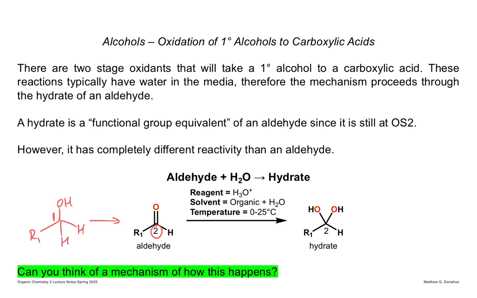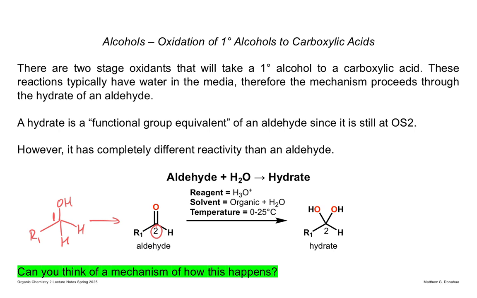Well, it turns out the aldehyde functional group under acidic conditions, so aqueous acidic conditions, forms a functional group called a hydrate. The key thing to remember about this is it's still at oxidation state 2.